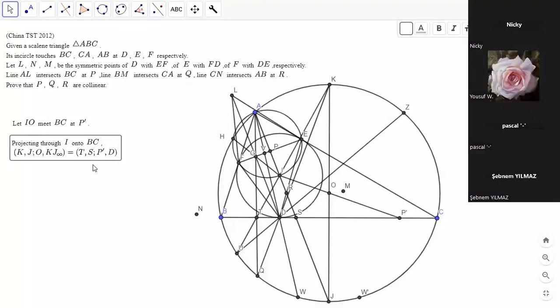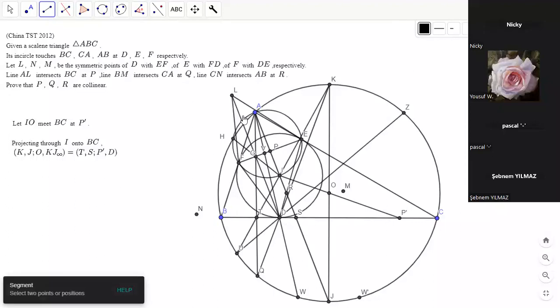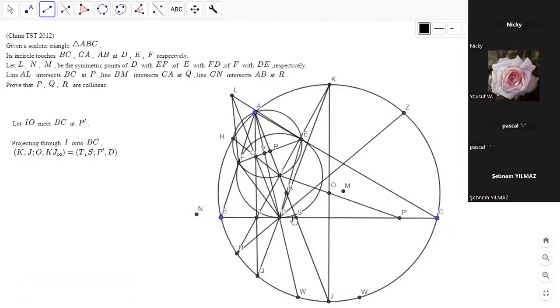Okay, so we project those through A onto DG. So we get DG infinity and L. Okay, so we want to show that A, P prime, and L are collinear, which is the same as saying that AG and T are collinear.